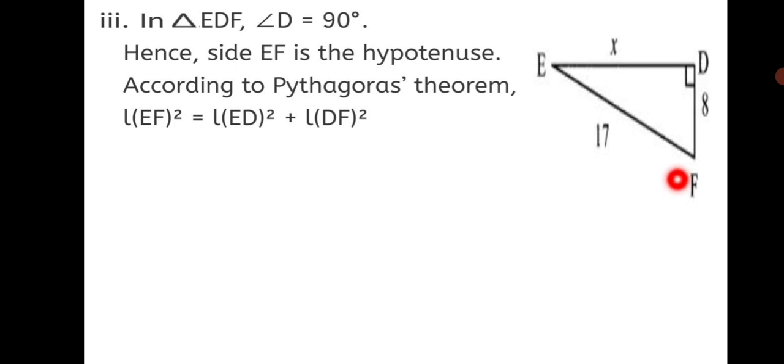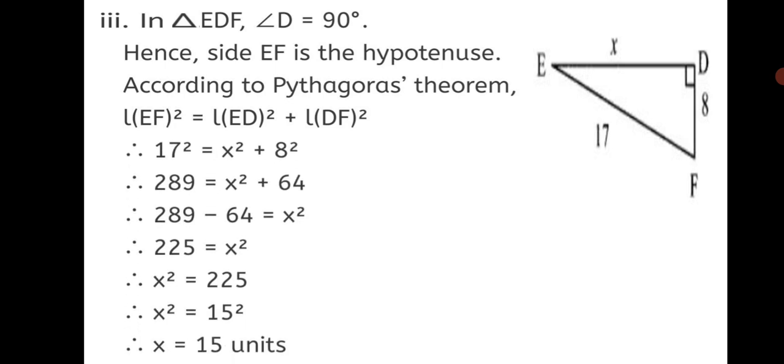Now substitute the values. Let's check here. EF is given as 17. So we write 17 square is equal to ED is given as x, so x square. DF is 8, so plus 8 square. That means 17 into 17 we get 289 is equal to x square plus 8 into 8 is 64. So x square will be 289 minus 64. 64 we shifted to the other side.